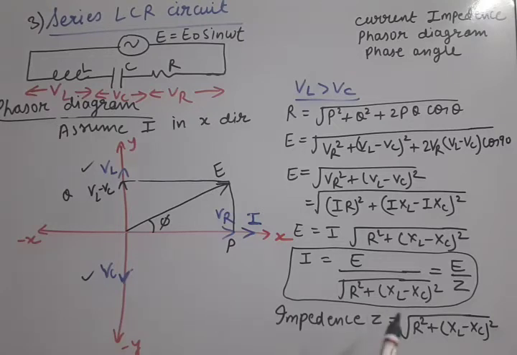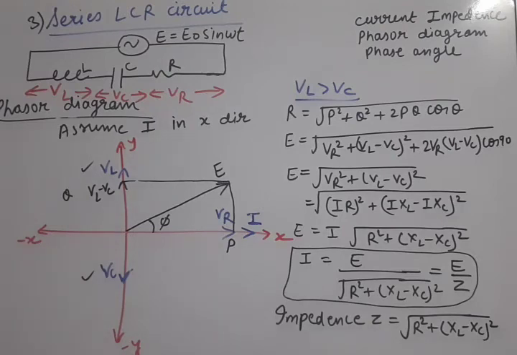But since whole square is appearing, whether we write XL minus XC or XC minus XL whole square, the answer is same. So the impedance answer has no effect. Impedance answer does not change on the basis of whether VL is greater or VC is greater. Impedance answer is common for both.